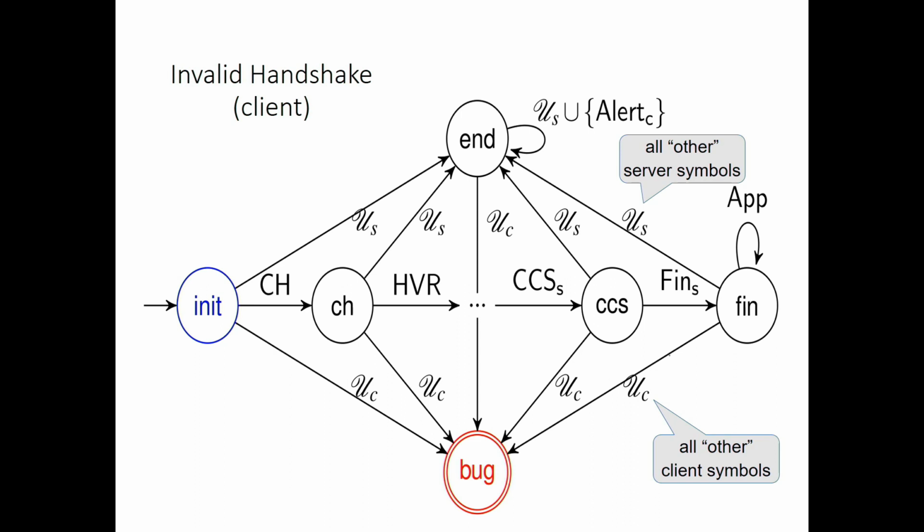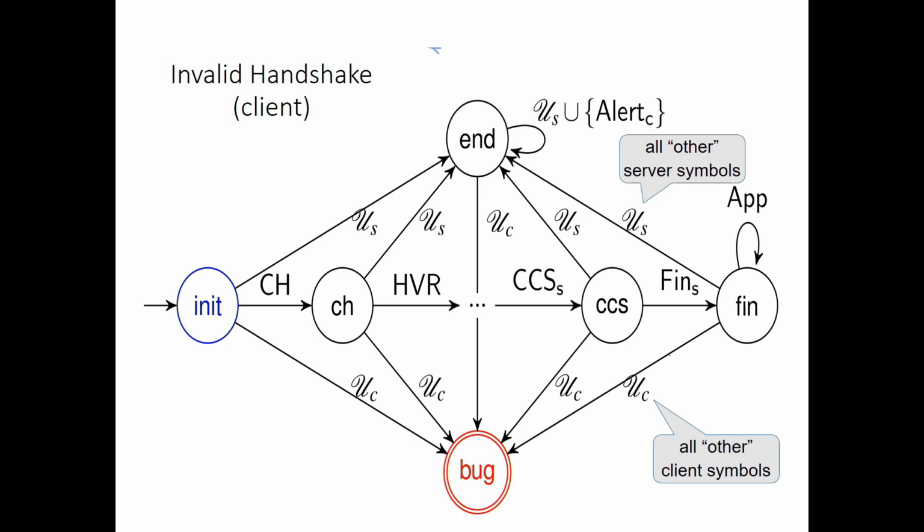Everything that is other, either for the client or for the server, you go to a bug. Okay? So you can write this automaton by hand if you want, or you can generate it automatically. And then you can use this one if you want. But still it's a good idea to have the specific bug patterns because they give you more information about what the bug is.